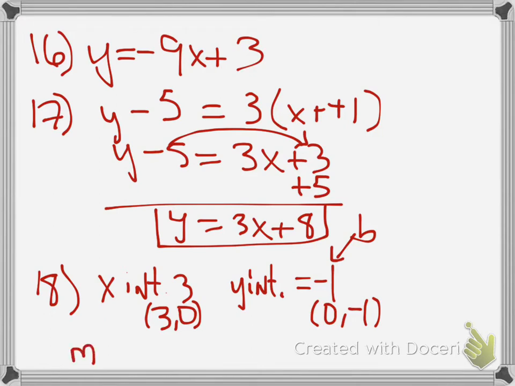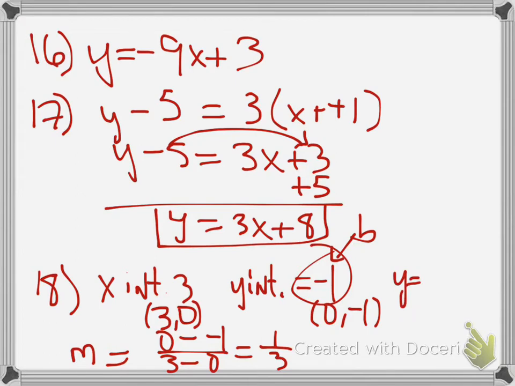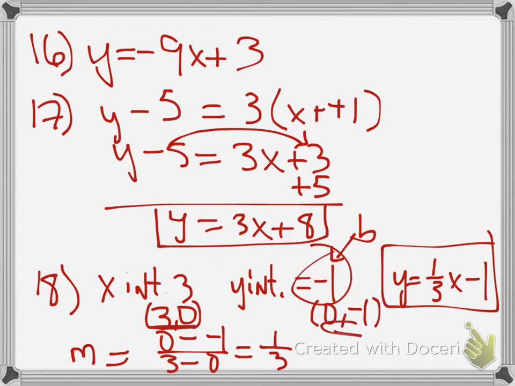And so if you find the slope and say, like here, 0 minus a negative 1, and then 3 minus a 0, you end up with 1/3. So then that's your slope, and you've already got your b, so the answer here is 1/3 x minus 1. So keep in mind, when you have something like this, you could use the points that the intercepts are, and then help you find the slope.